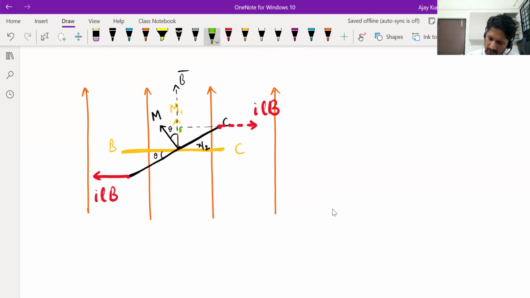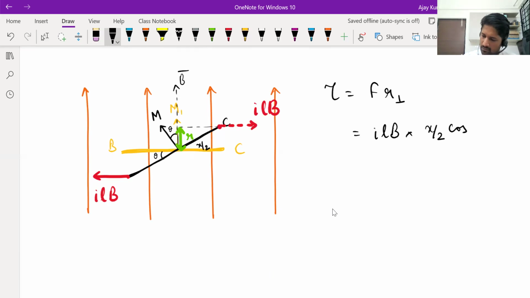Then this perpendicular distance. Why do we care about the perpendicular distance? Because we are calculating torque. The basic formula for torque is F multiplied by the perpendicular distance from the axis to the line of action of the force. The force here is ILB. The perpendicular distance becomes X by 2 sin theta.